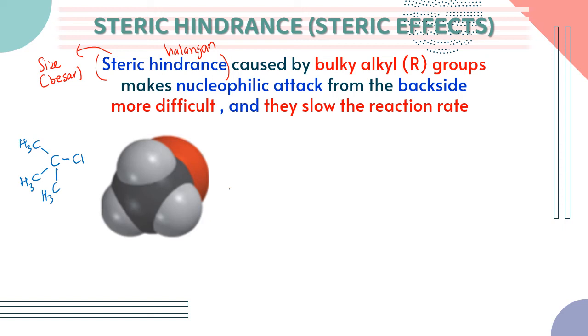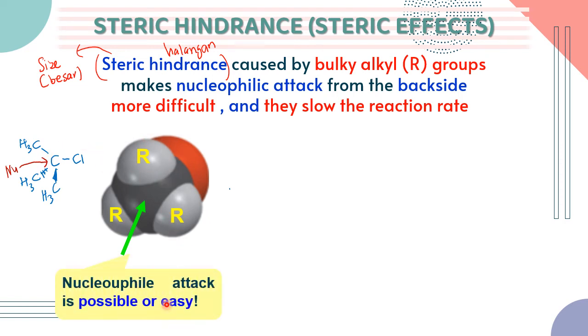Okay, nucleophile dekat sini masih lagi boleh buat backside attack. Okay, so apa dekat sini? So for example, alkyl group dekat sini CH3 saja. So, if the alkyl group is small, nucleophile attack is possible or easy. Sebab apa? Ada ruang. Okay, so bila kita susun dalam bentuk tetrahedral, so ada lagi ruang warna hitam. Hitamnya adalah carbon. Okay, there are still some space for nucleophilic attack.